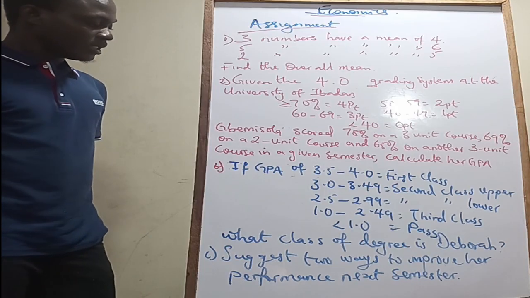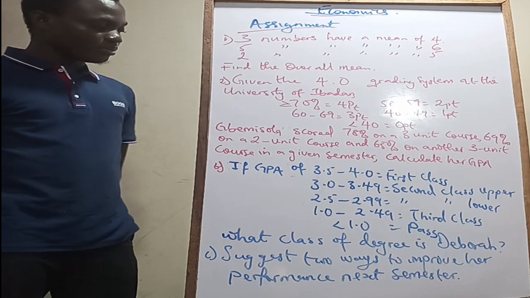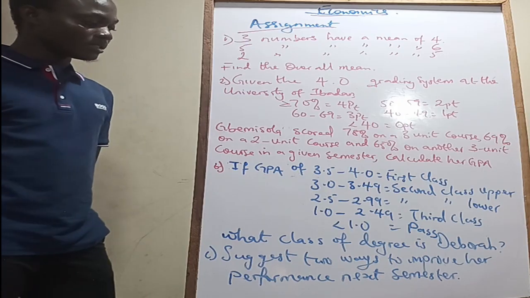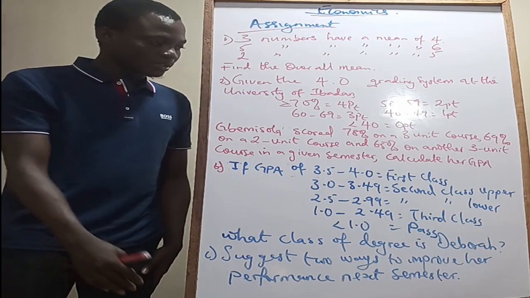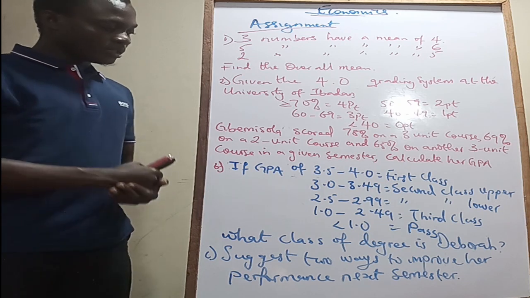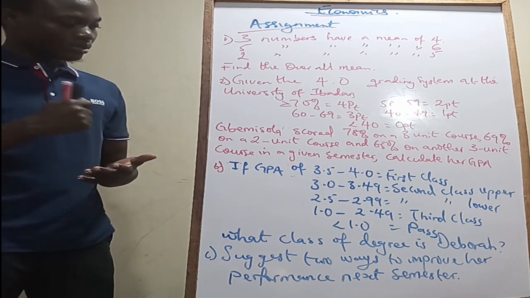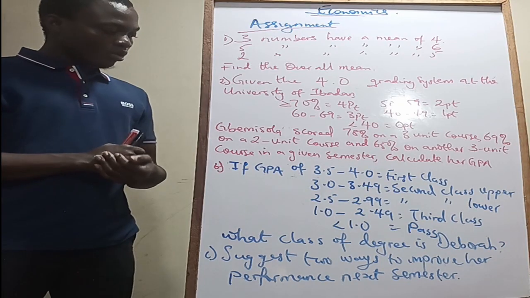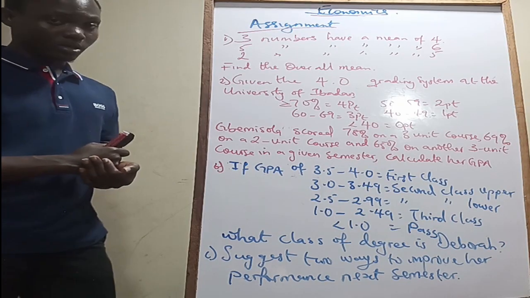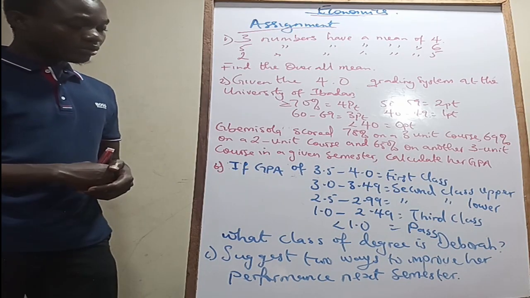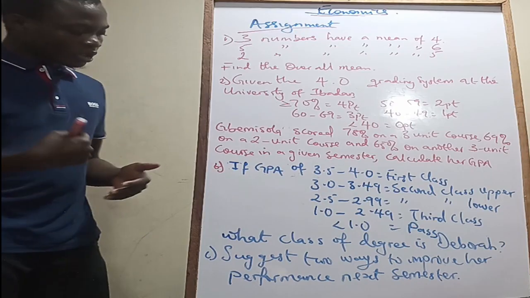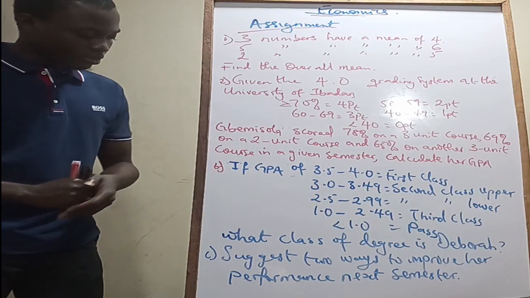Then B: if a GPA of 3.5 to 4.0 is considered first class, 3.0 to 3.49 second class upper, 2.5 to 2.99 second class lower, 1.0 to 2.49 third class, and less than 1.0 a pass, what class of degree is she?